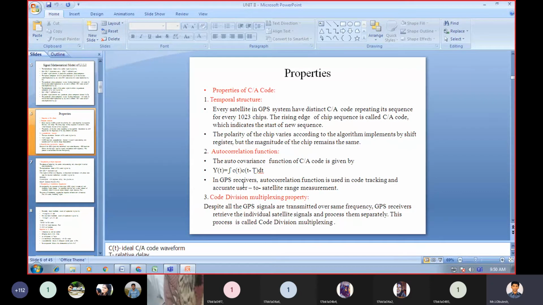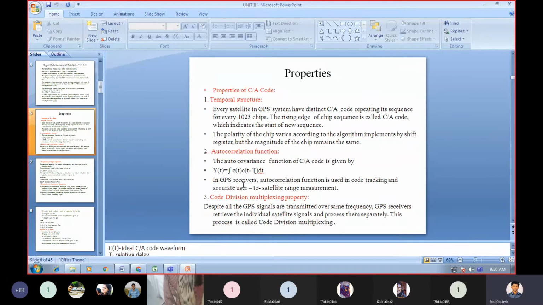The polarity of the chip varies according to the algorithm implemented by the shift register, but the magnitude of the chip remains the same.